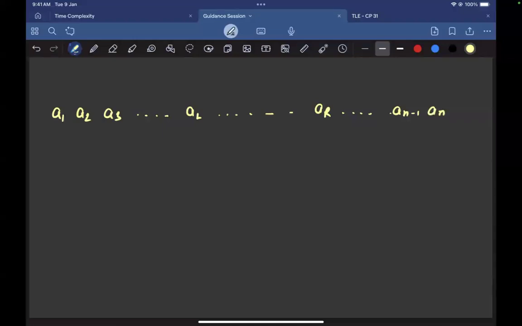So given an array A, you basically have to figure out 3 partitions in this array such that the max from here to here is equal to the max from here to here is equal to the max from here to here. So this is max M1, M2, M3. They are all equal. This is what you have to partition into.